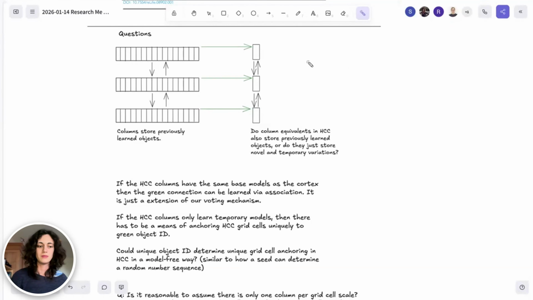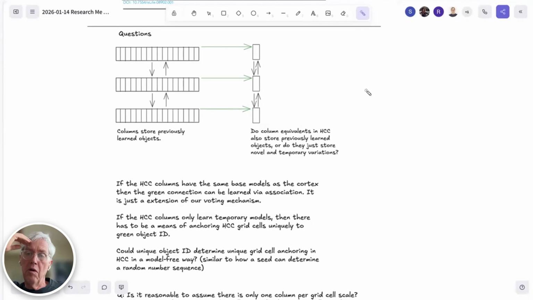And then learn those variations. And similarly with the chipped mug, if you already have a model of a mug and then suddenly you chip the mug, you don't have to learn a new model of the chipped mug right away. You can use the model of the mug in cortex to invoke a reference frame in hippocampus that's initially empty and then just stores the chip at a location because that's the new feature there.